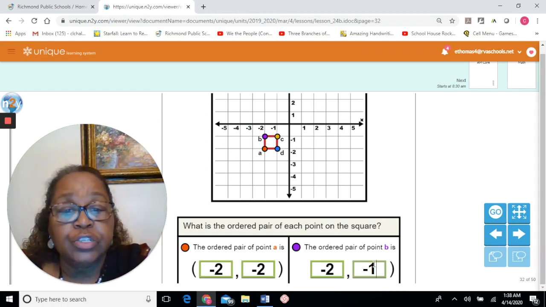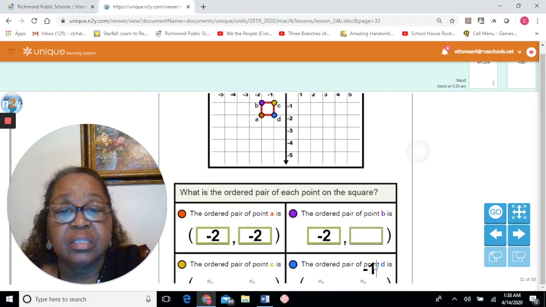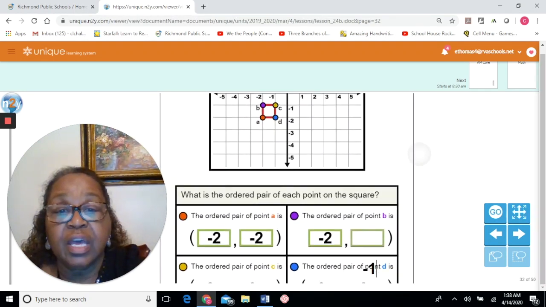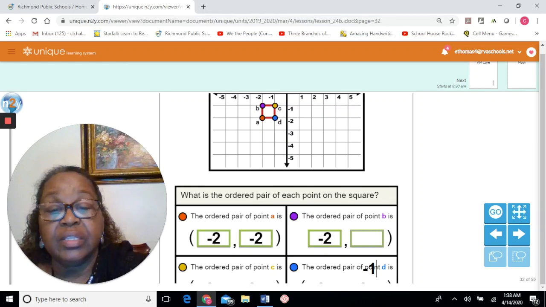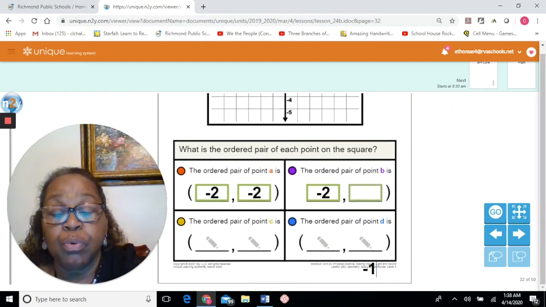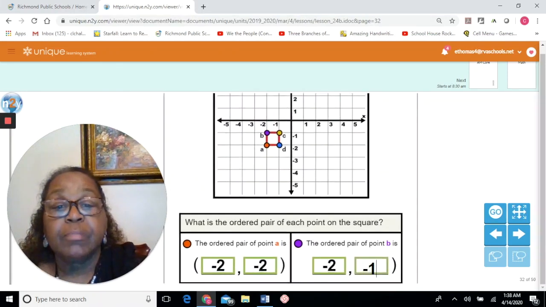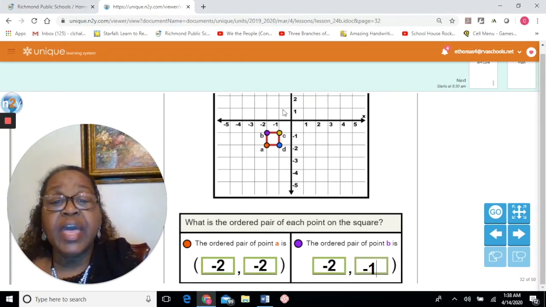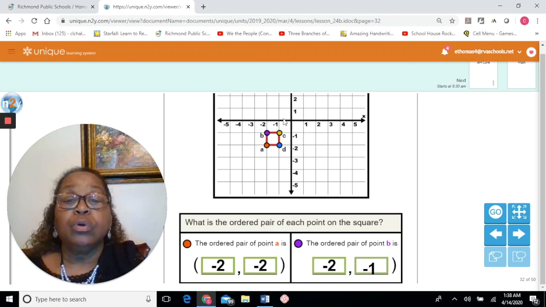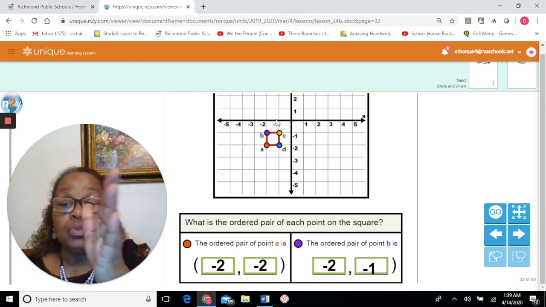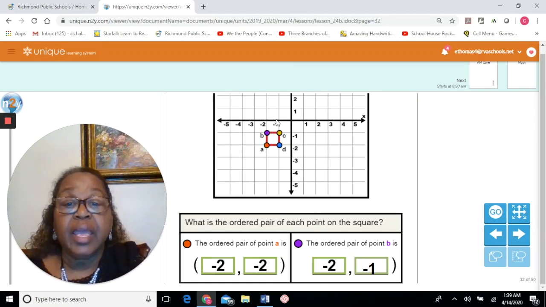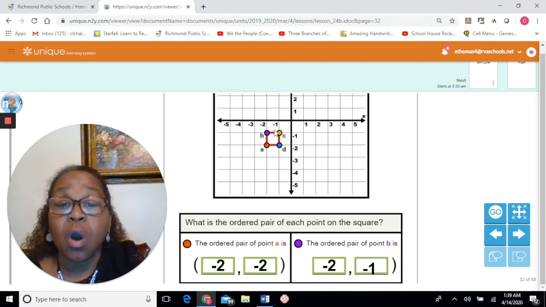We are doing a great job with this. So now let's see. We want to get the yellow dot, which is C. The name of that point is C. And let's see, we'll get the points and then we'll put them in. For C, we have on the x-axis first, we're going to move over to the negative number 1. And then we're going to move down on the y-axis also a -1.